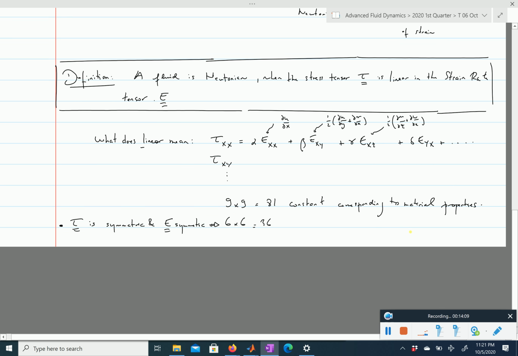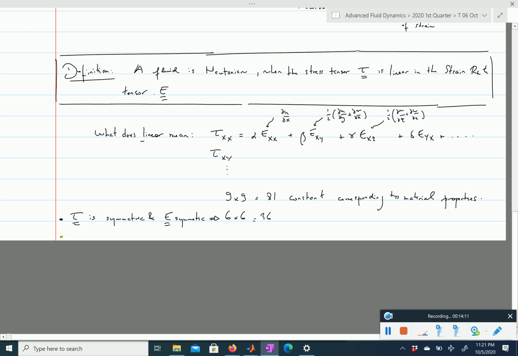But then in addition, we can also say that the fluid is isotropic. It's not necessarily true for all fluids, so we're making an assumption here, but we'll assume that a Newtonian fluid is isotropic. Maybe this is not true for all Newtonian fluids, but we are assuming that everything is isotropic here, so the fluid doesn't have a particular direction that it likes.